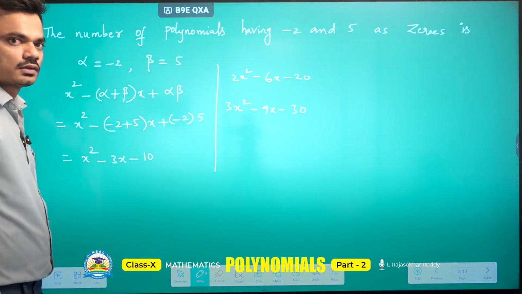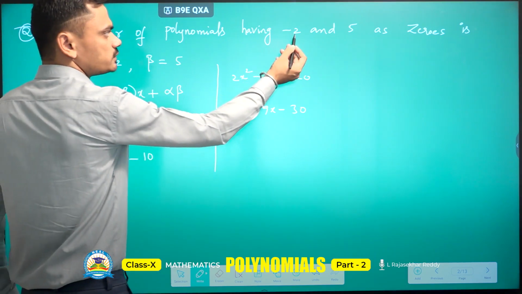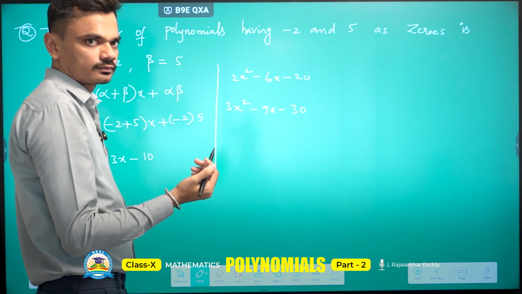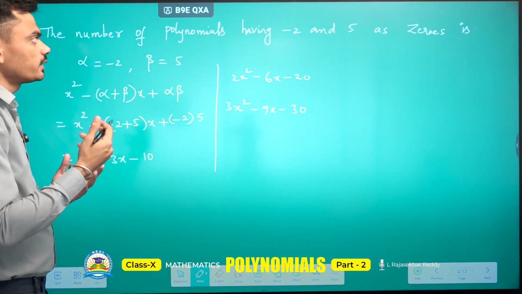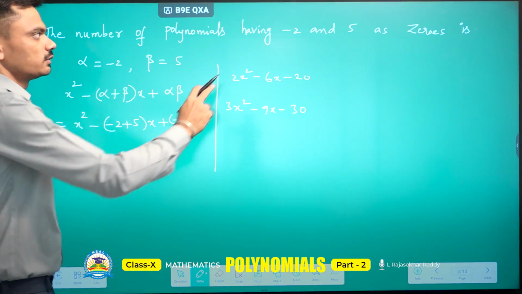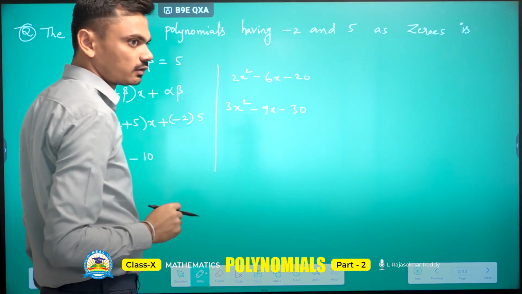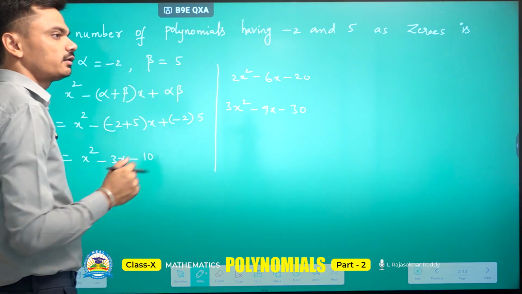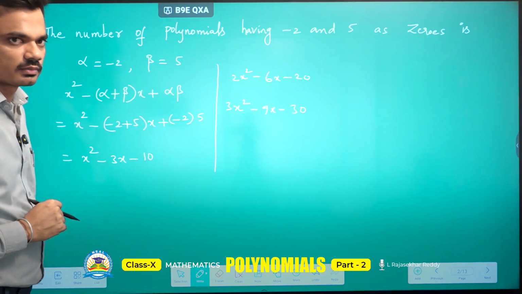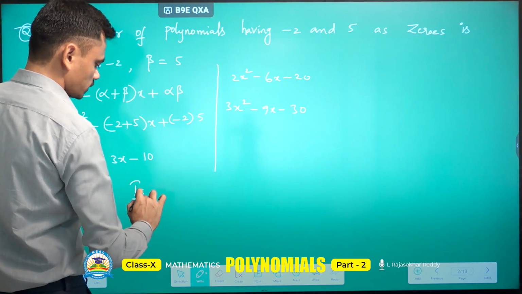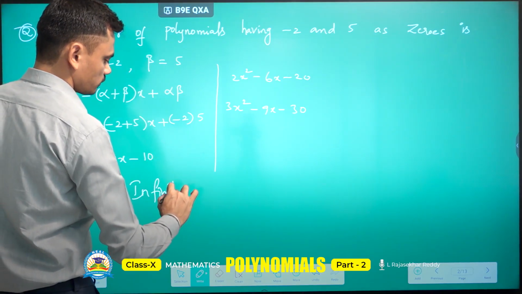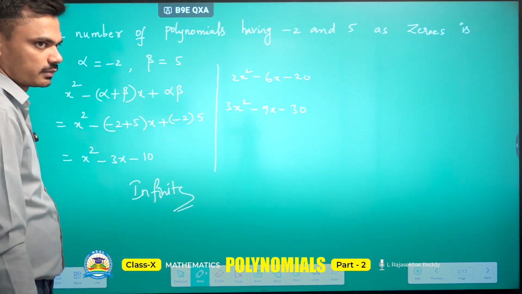This is also a quadratic polynomial, and you will get zeros -2 and 5 only. So we can write an infinite number of polynomials using any two zeros alpha and beta. So this answer is infinite.